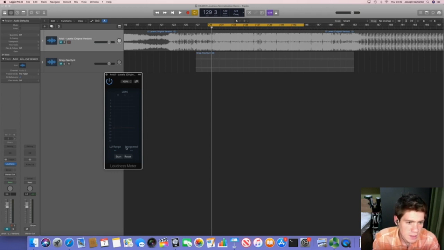And integrated basically means for the whole section of time that you want to measure for. So that's the measurement that we want to make. I'm just going to unmute that, hit start, and then press play, and we'll see what the reading is at the end.